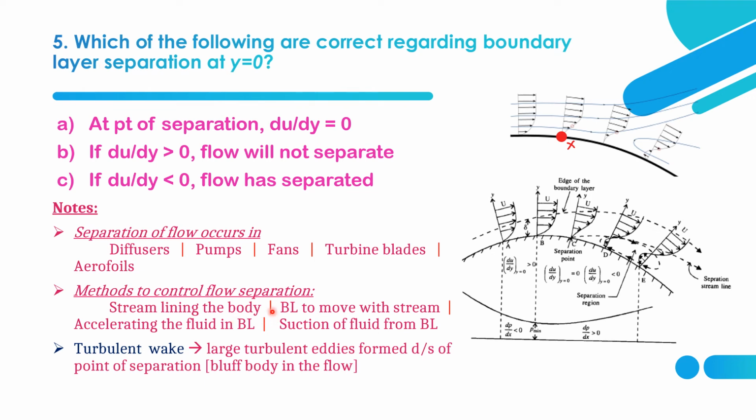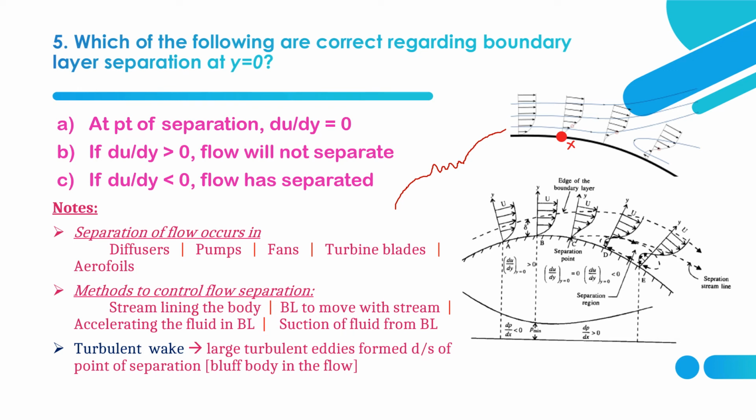So what actually is streamlining the body? By use of suitably shaped bodies, the point of transition of boundary layer, like this is the point of transition as we have seen. For example, this is the laminar flow, this is the transition, and this is the turbulent. So the point of transition of boundary layer from laminar to turbulent can be moved downstream, which can result in the reduction of skin friction.